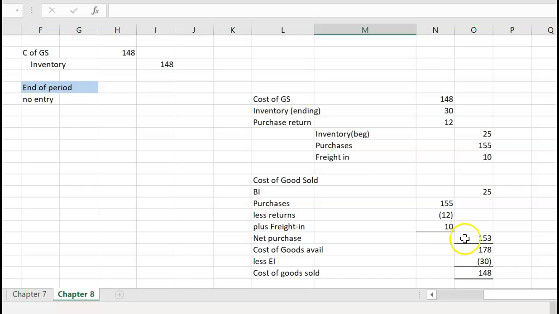So our net purchases were $153,000. Our goods available for sale would be the net purchases plus the beginning inventory, which is $178,000, less the ending inventory of $30,000. So the cost of goods sold would be $148,000.